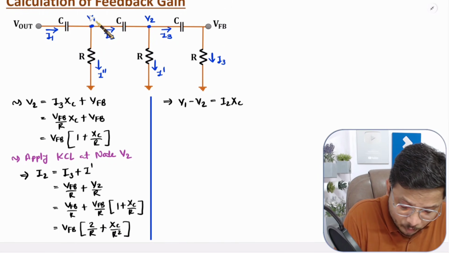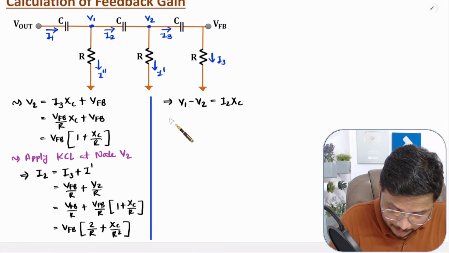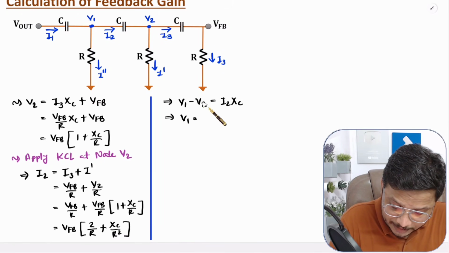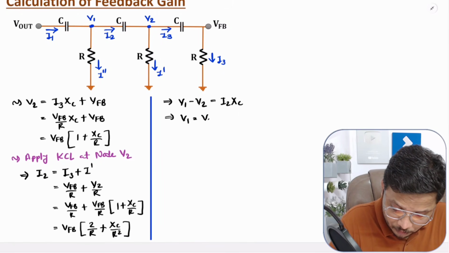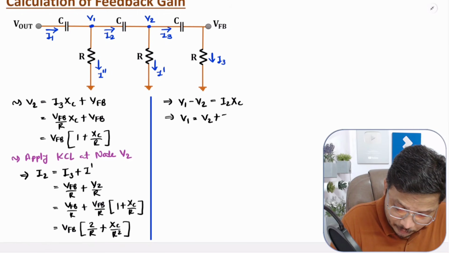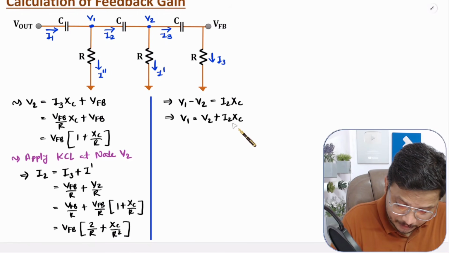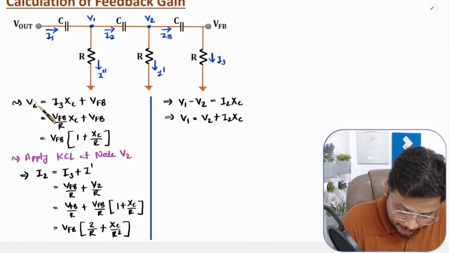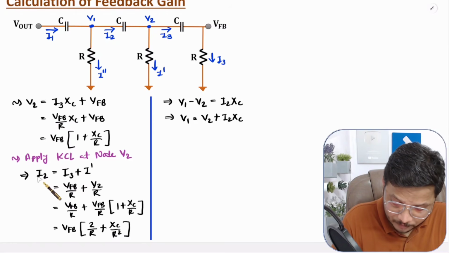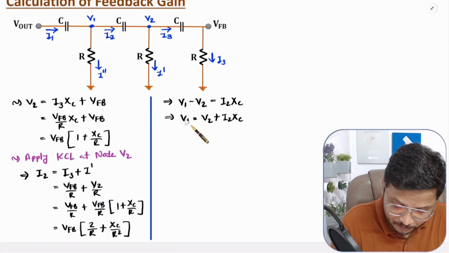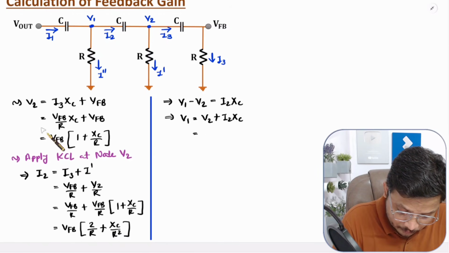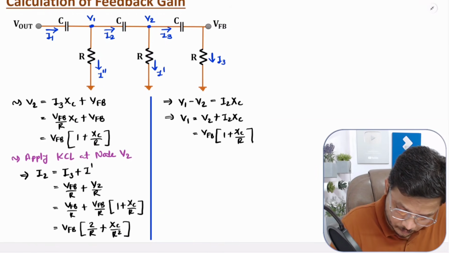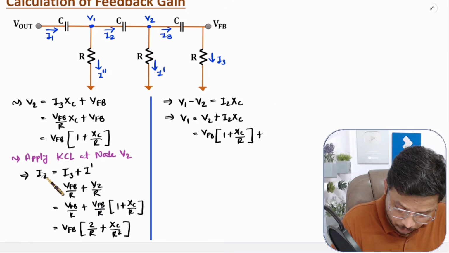Based on that, we can get V1. What is the value of V1? This V2 will go to the other side, so V1 is V2 plus I2 into XC. Now we have V2 as well as I2, which we can substitute here to get the value of V1. So let us substitute V2 and let us substitute I2.